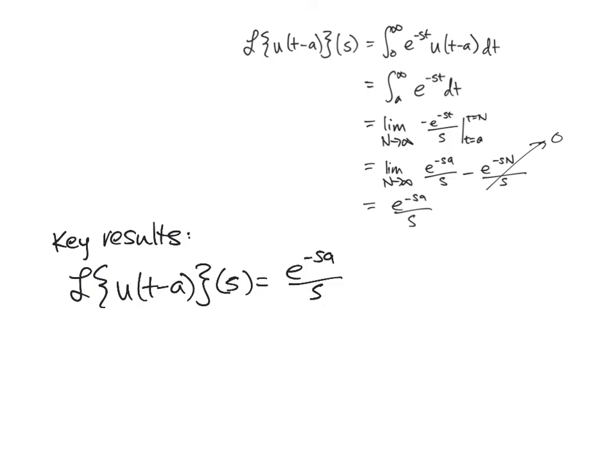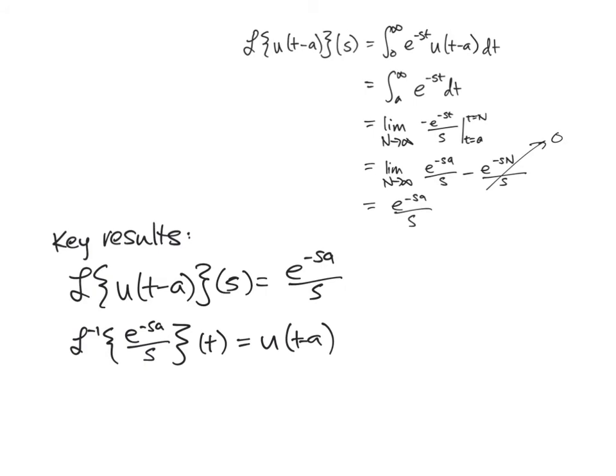Another result we can get is to go backwards: the inverse Laplace transform of e to the negative sa over s, as a function of t, is the unit step function u of t minus a. So if we need to go backwards from an exponential function, we have a way to do that.